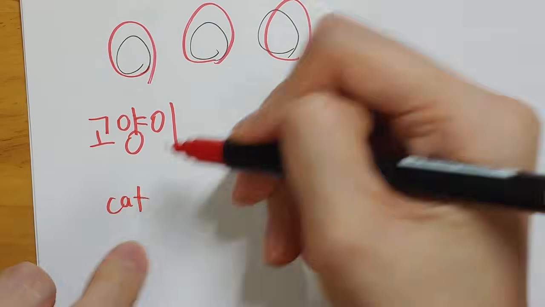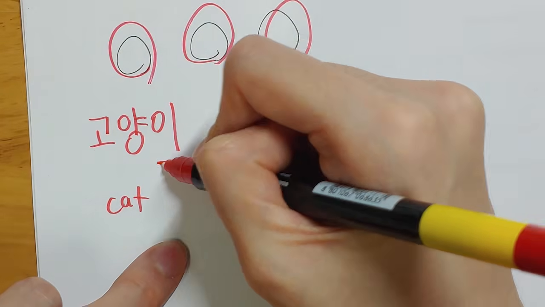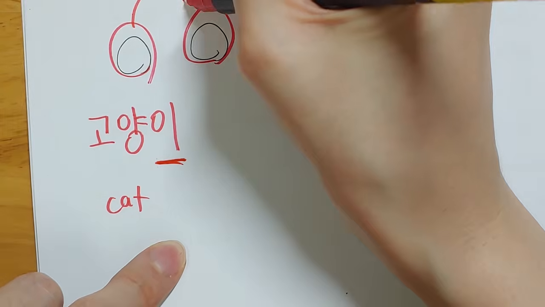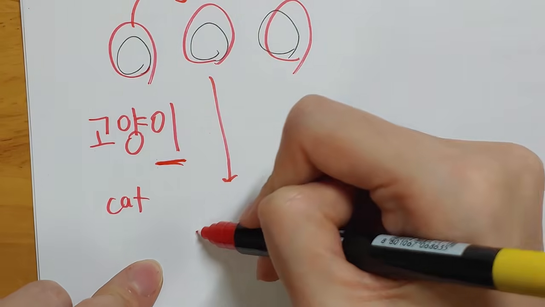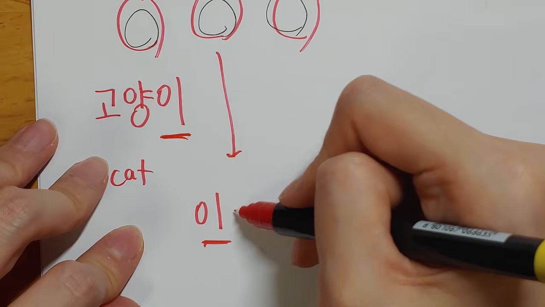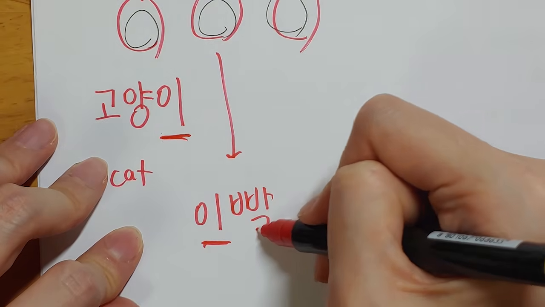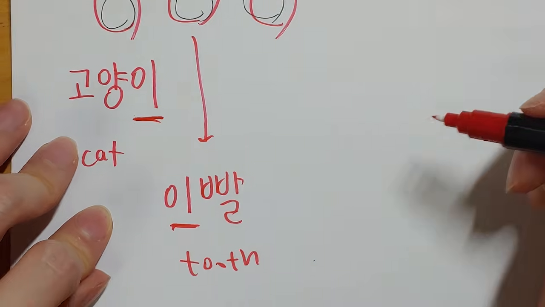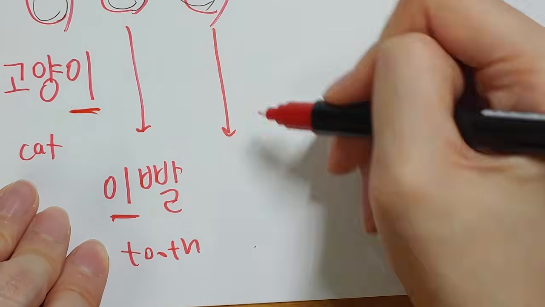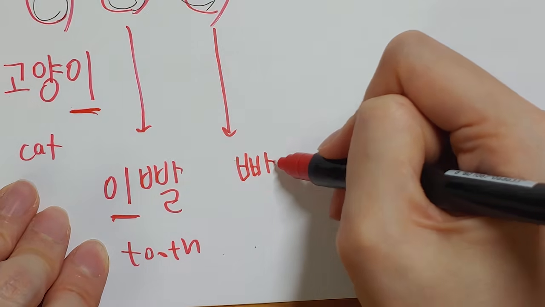It's a cat, and it ends with the letter 이. So the next person has to find a word that starts with 이. So you can say 이빨, which means tooth. And the next person can find a word that starts with 빨.